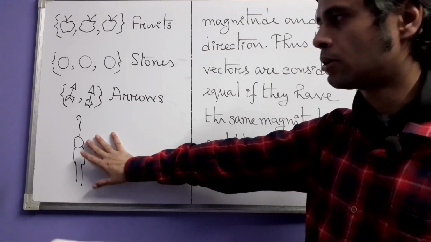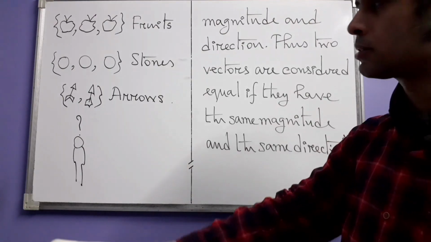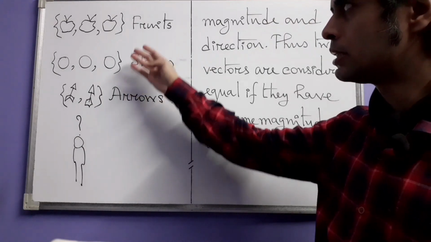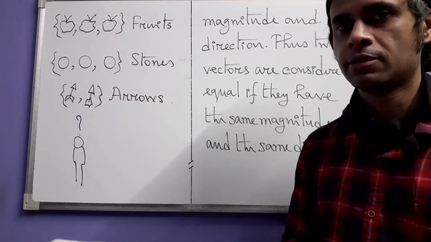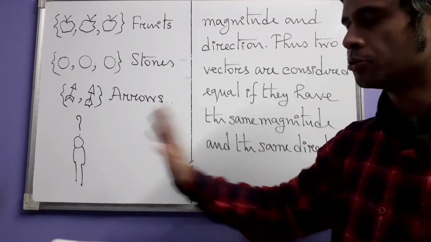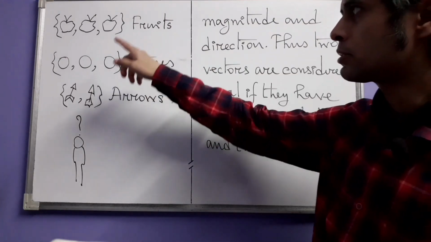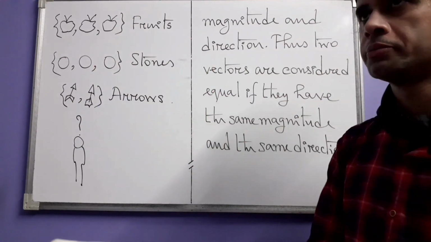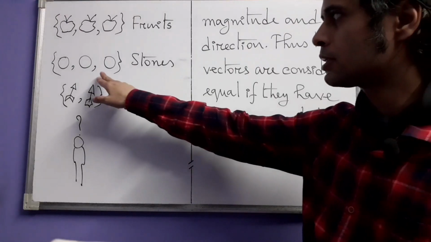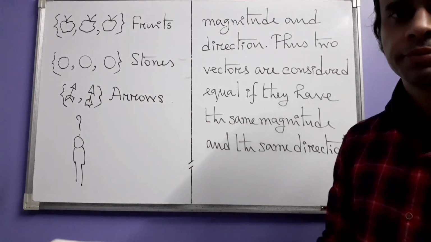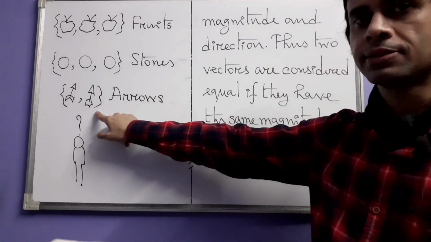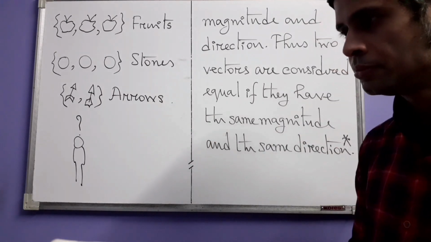And we present, or say some primitive humans present these three sets of objects to this alien. The first set has these fruits, the second set has these stones, and the third set has these arrows.